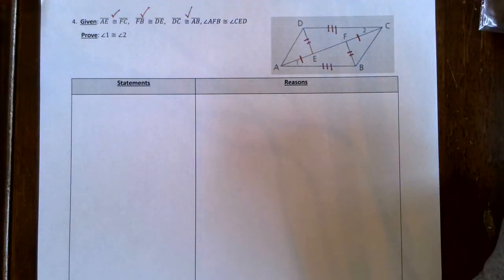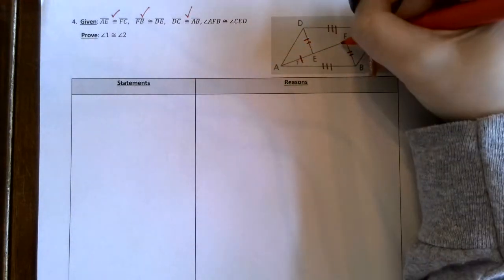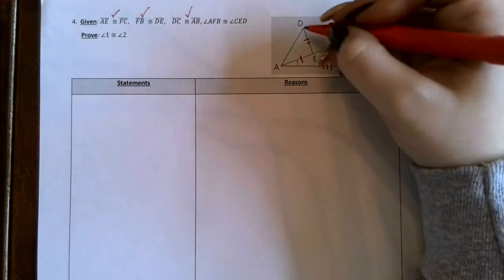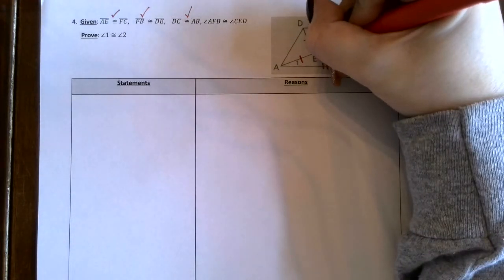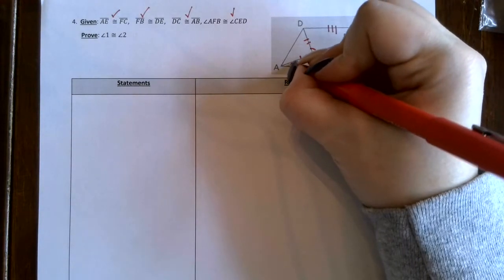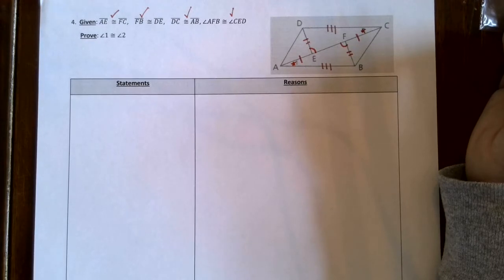Angle AFB, that's this angle here, and CED are congruent, that would be here. Okay, we want to prove 1 and 2 are congruent to each other.